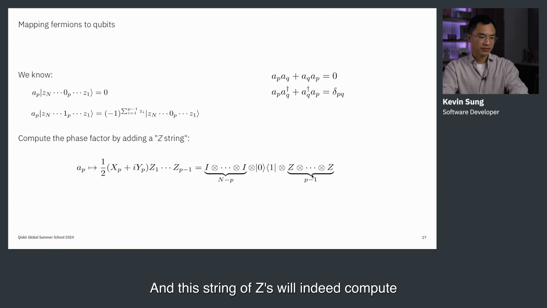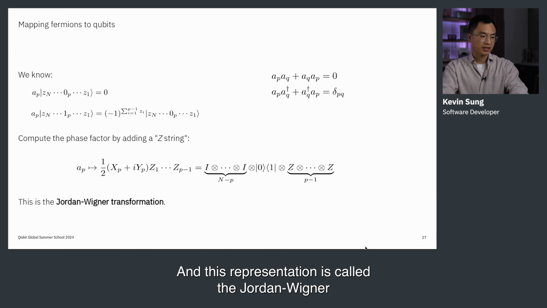And this string of Z's will indeed compute the phase that we wanted. If you define your operators like this, then you'll have a set of operators expressed in terms of the Pauli matrices which do satisfy the fermionic anti-commutation relations. So these operators are a valid representation for your system of fermions. And this representation is called the Jordan-Wigner transformation.